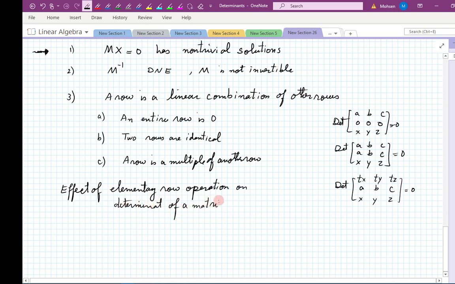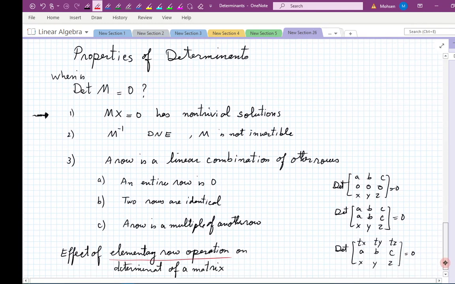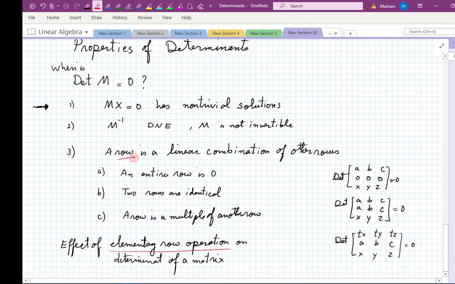Maybe I should remind you what these were. By the way, before I go there, you see this word row showing up everywhere. Everywhere you have a row, you can put a column across the board.